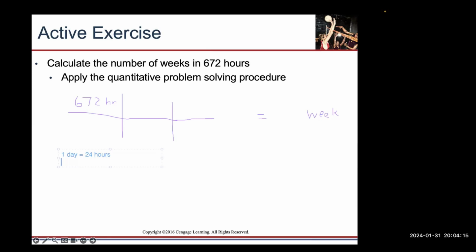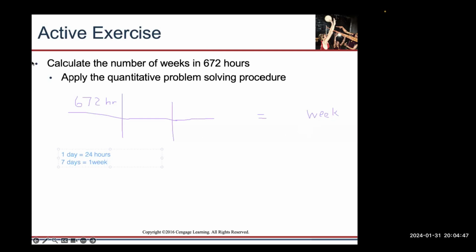And give me another unit. If you have days, then how many weeks? How many days are in a week? Okay, so we have 7 days equal to 1 week. Then we can use these conversions to get to weeks.